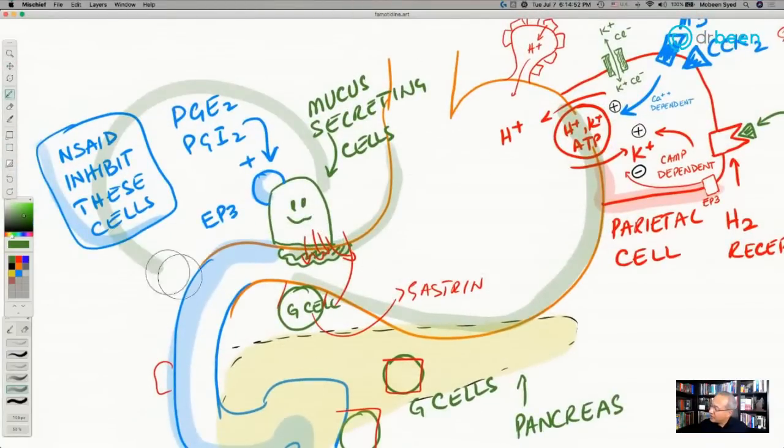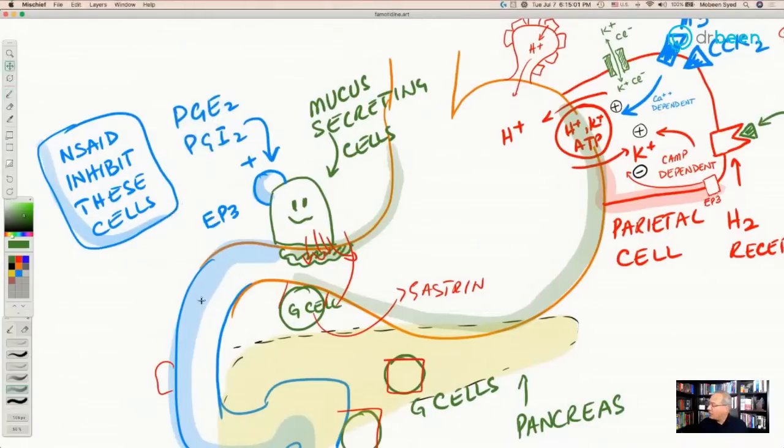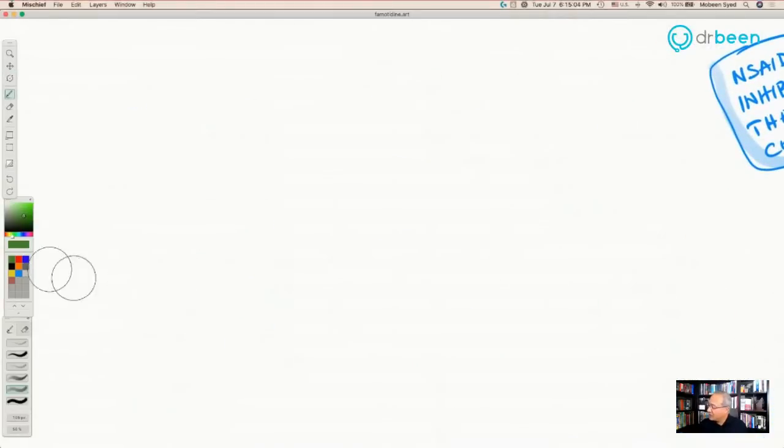By the way, these mucus cells respond to PGE2 and PGI2. Remember prostaglandins and prostacyclins? Let me just very quickly review that. This is the discussion of aspirin or NSAIDs: why do NSAIDs cause ulcers? So look, we talked about it, that in the cell membrane there are lipids, correct?